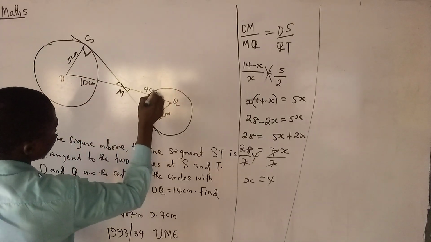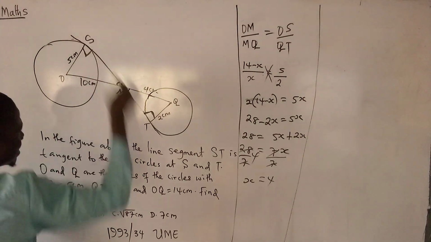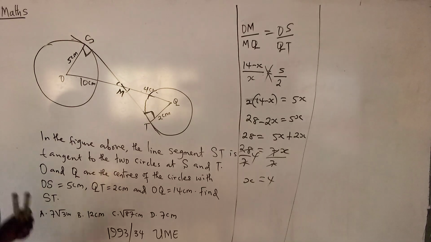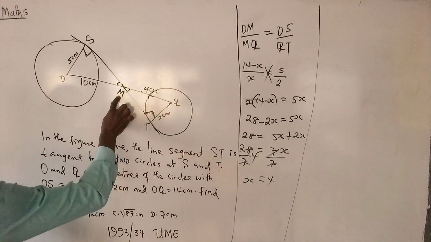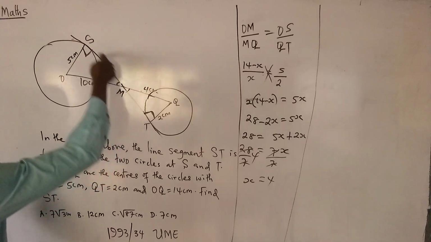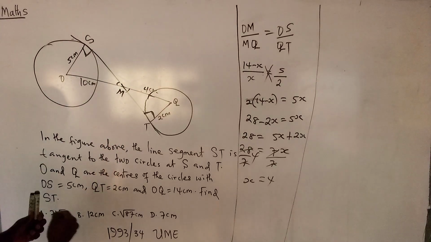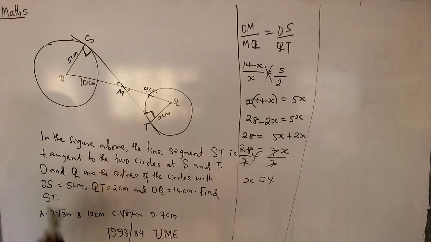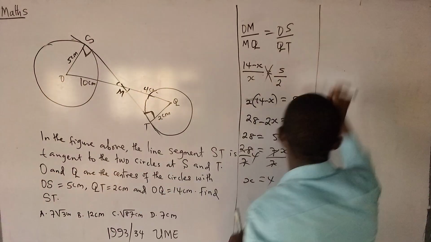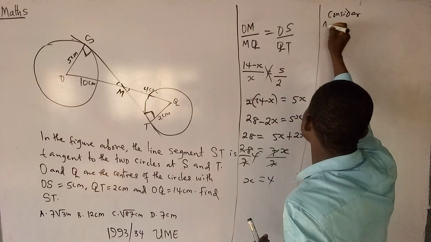Now I'm looking for ST. For triangle MOS, I want to get MS first. This is a right angle triangle, so I'm going to use the Pythagoras method.